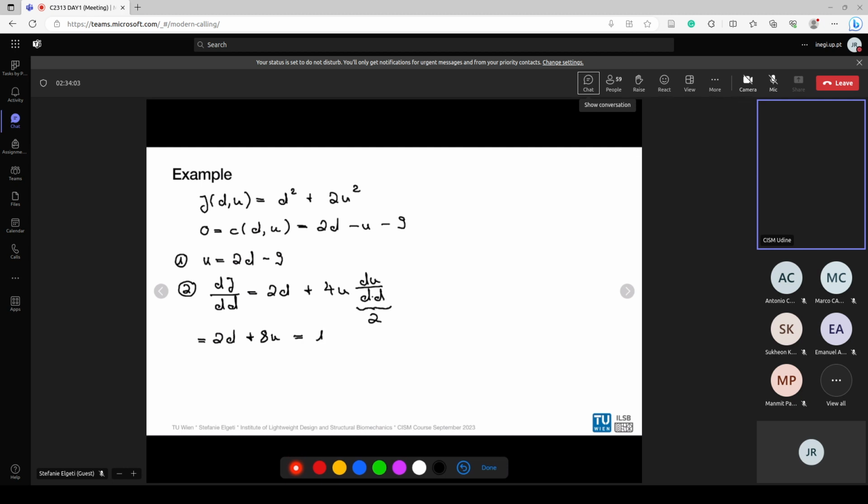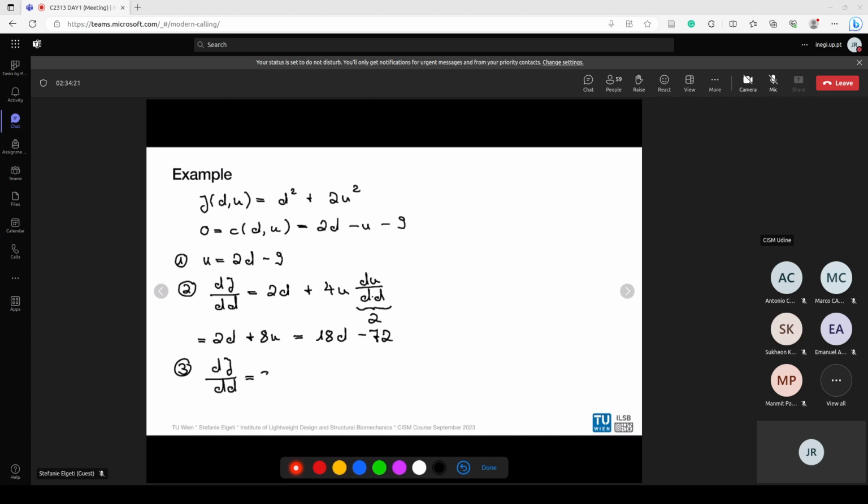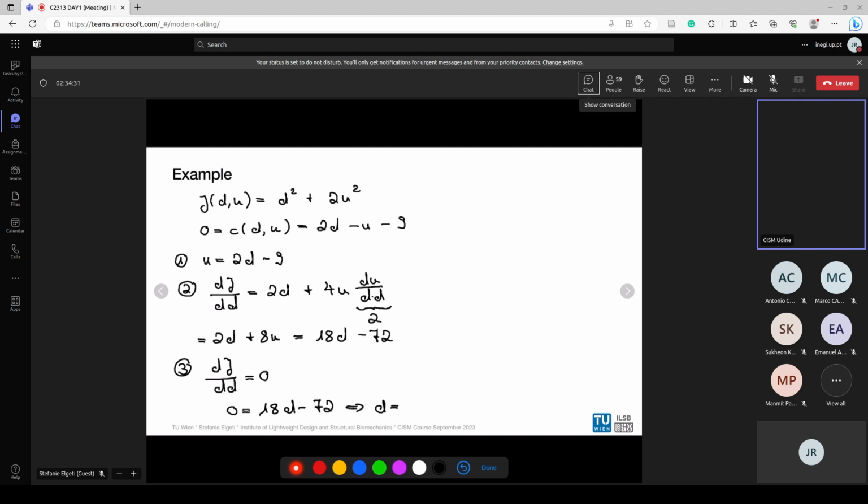So we end up with 18d minus 72 for the derivative of j with respect to d. Now we know that this should be 0 at the optimum. So we have 0 is equal to 18d minus 72. So d is equal to 72 over 18, or 4. This would be the optimal value.